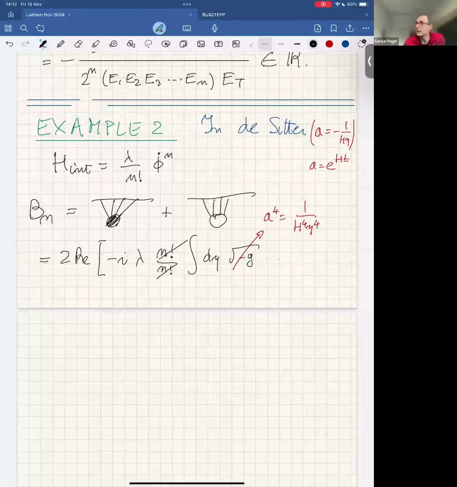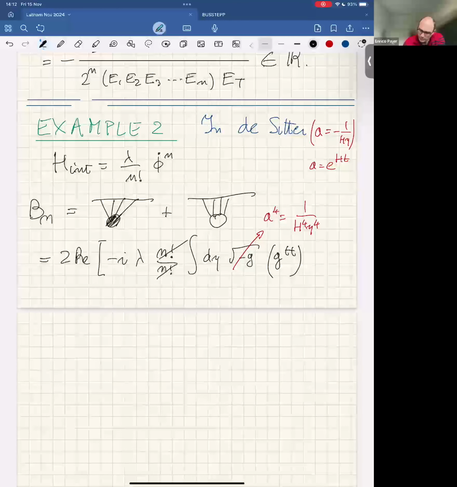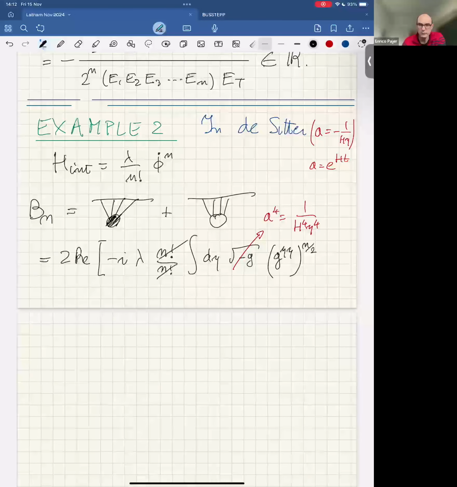Good. And then we have to write all of these time derivatives. Every time derivative should be contracted with a power of the metric. The time derivative has a time index down, so I have to contract with a time derivative up. And there are going to be n time derivatives, so the inverse metric will go like n over 2.